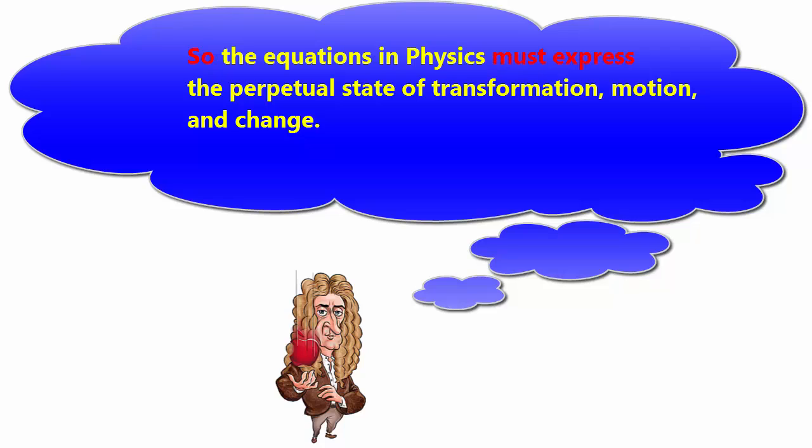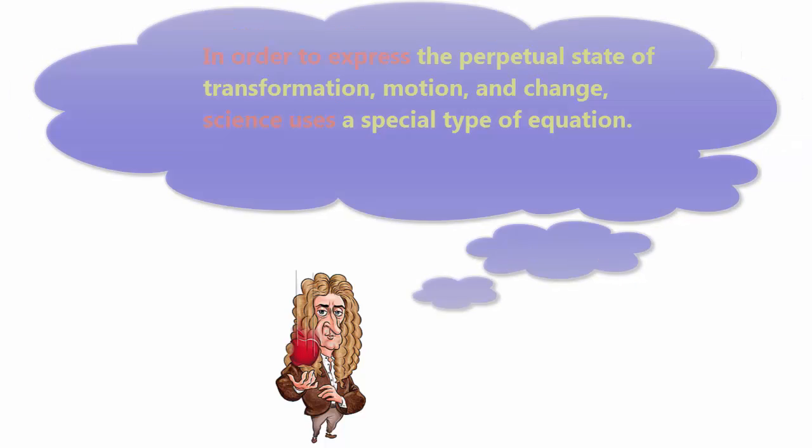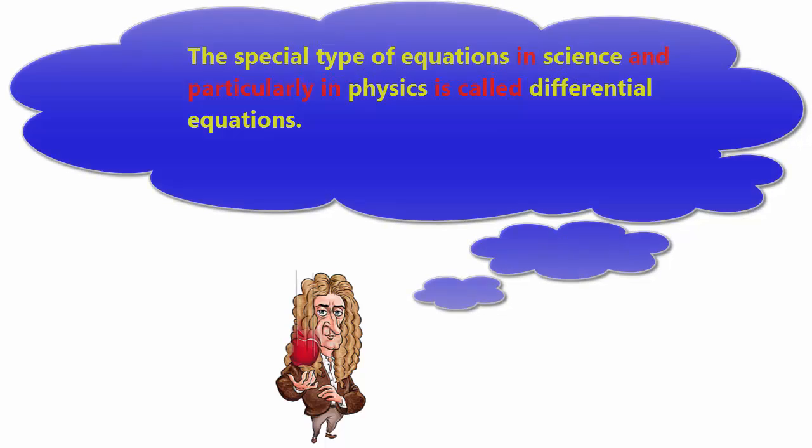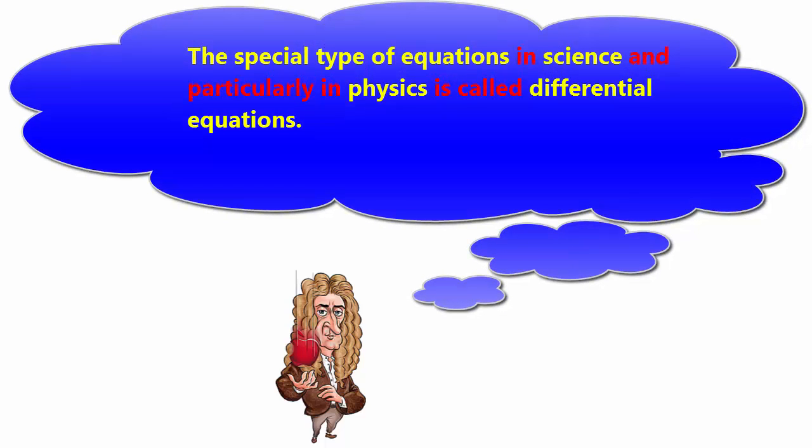So, the equations in physics must express the perpetual state of transformation, motion, and change. In order to express it, science uses a special type of equation. This special type of equations in science and particularly in physics is called differential equations.